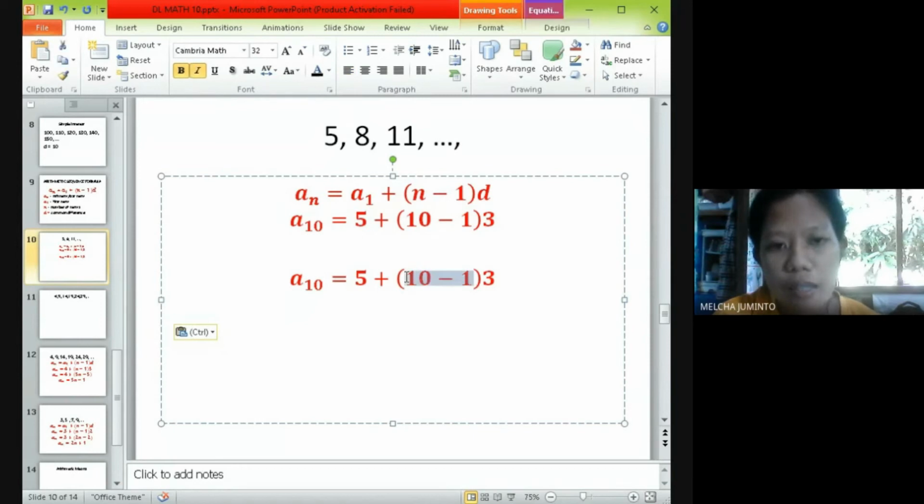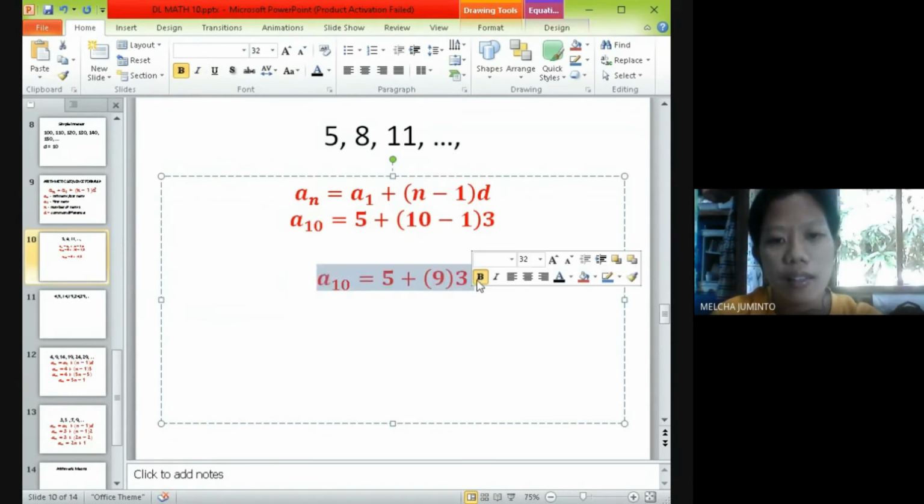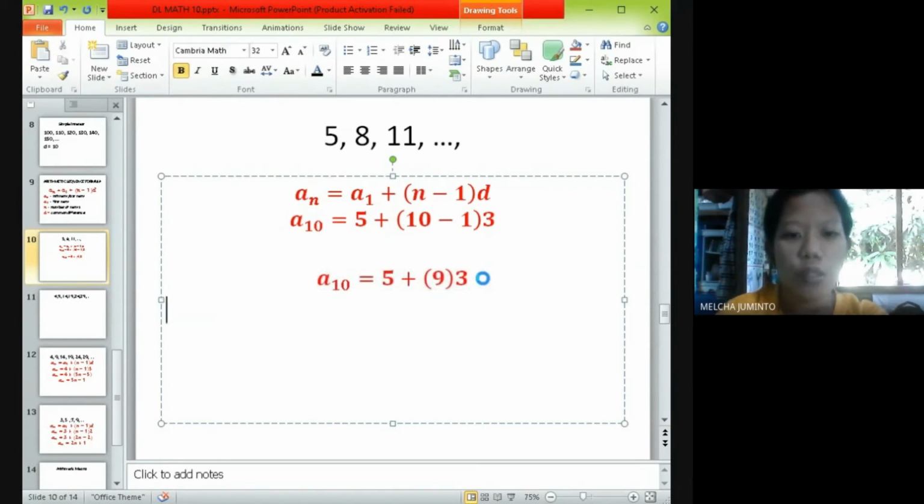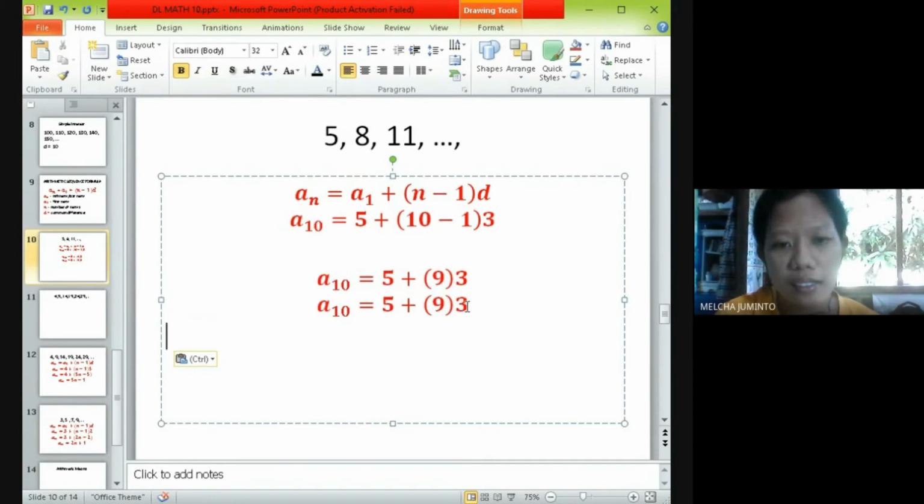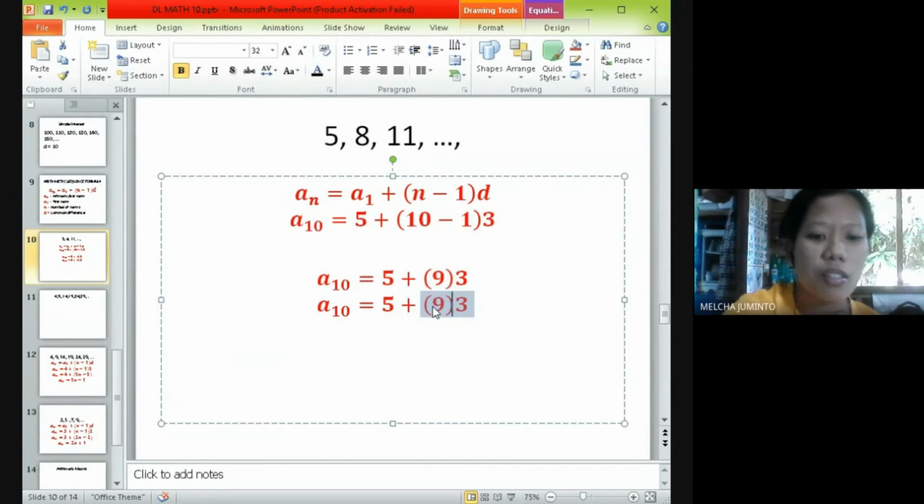So, simplify the right side of the equation in order to find the 10th term. Applying PEMDAS, we first need to subtract 10 minus 1, which is 9. After that, we follow multiplication first before we add. So, 9 times 3 is 27.